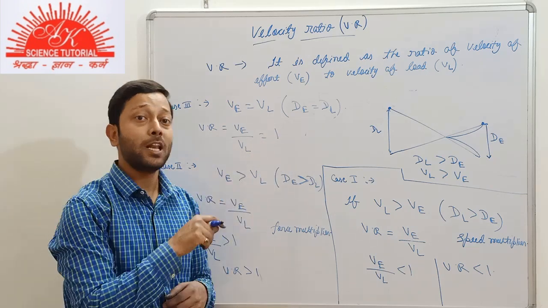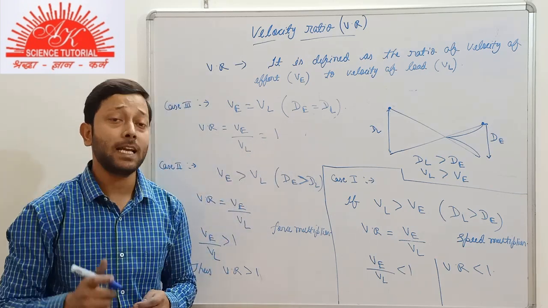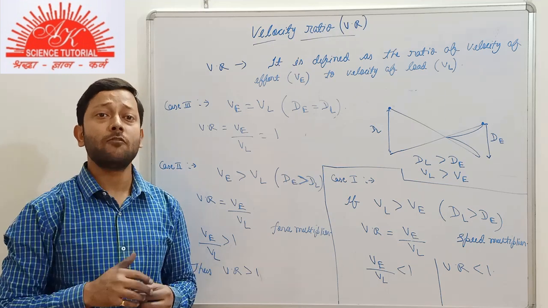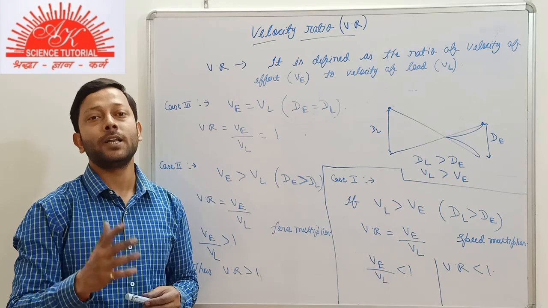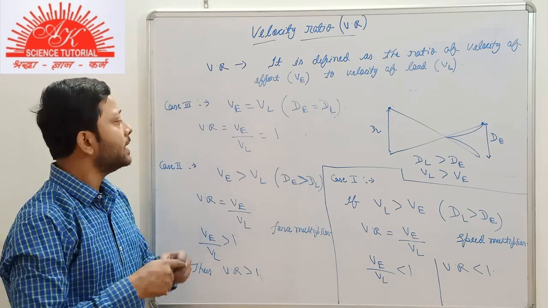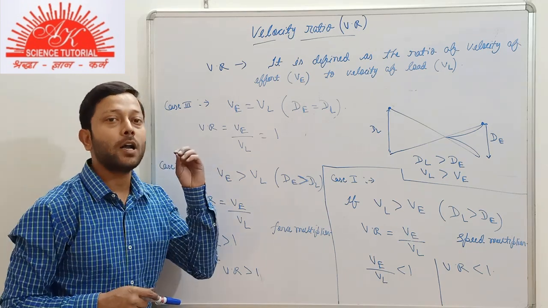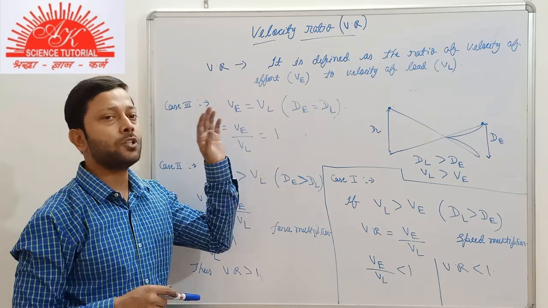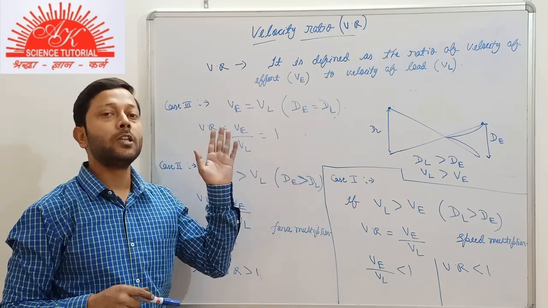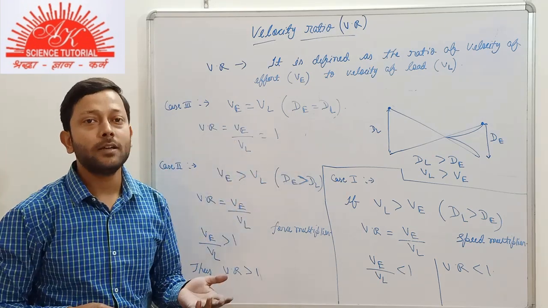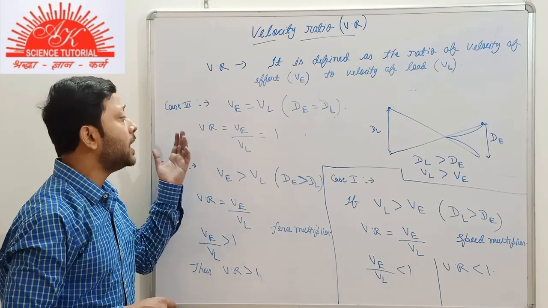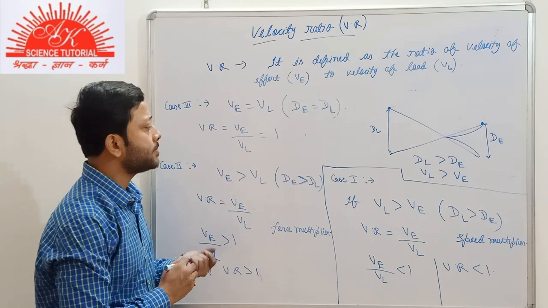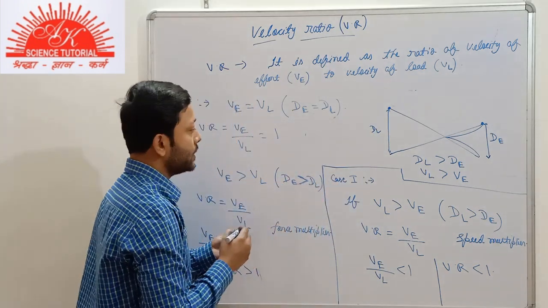And as I told you in the last case, when the mechanical advantage was equal to 1, the machine was only used to change the direction of effort. Similarly, in this case also, when the VR is equal to 1, the machine neither gives us a gain in speed nor multiplies the force. It only changes the direction of effort.